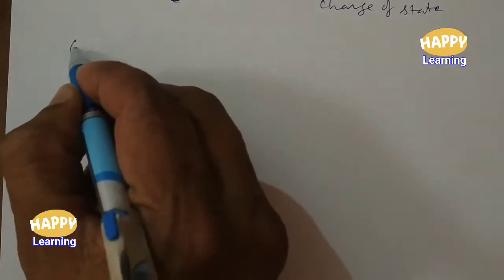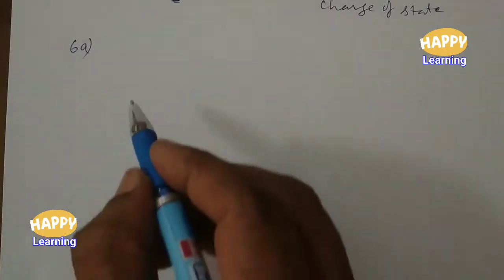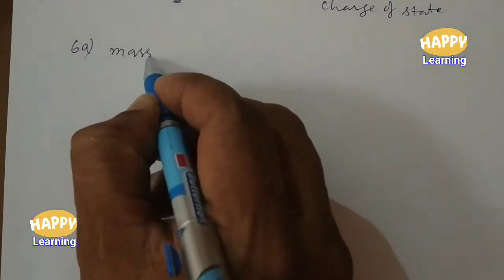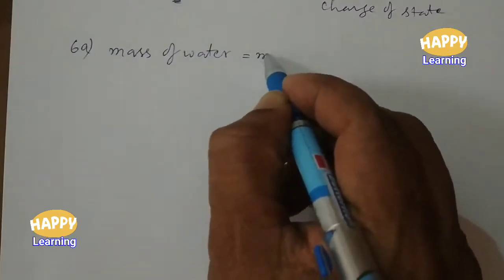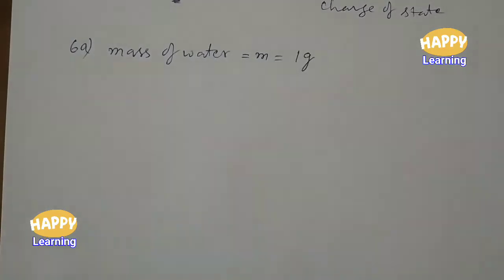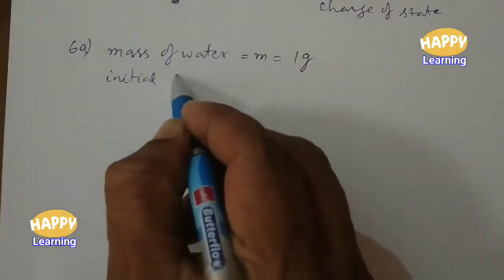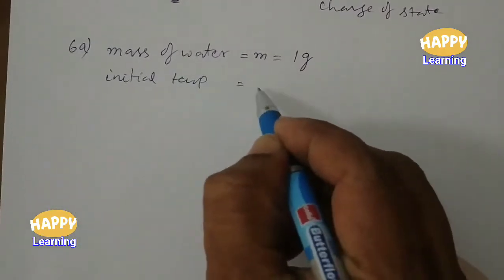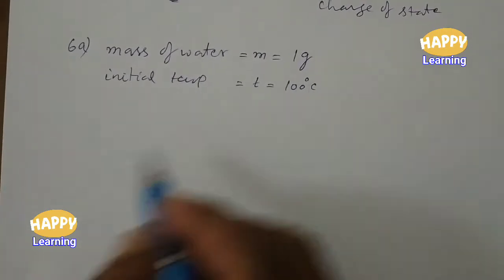Now, in the sixth question, part A, mass of water is m equal to 1 gram. Initial temperature T equal to 100 degrees Celsius.